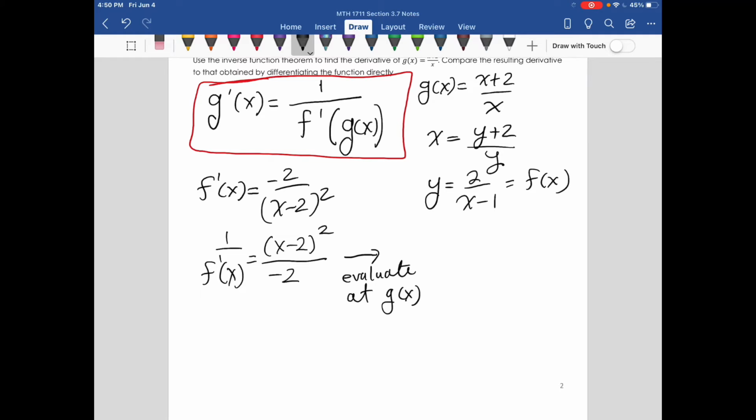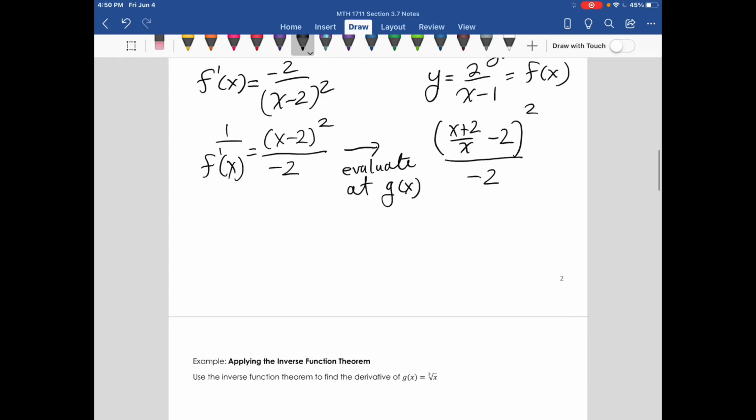And then when I plug in g of x, everywhere I see x, I'm going to replace it with x plus 2 over x. So I've got x plus 2 over x minus 2 squared all over negative 2.